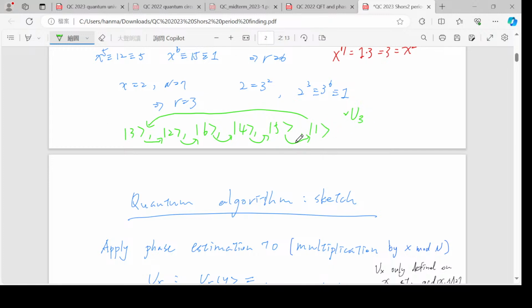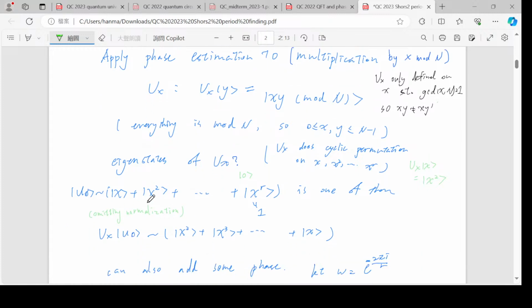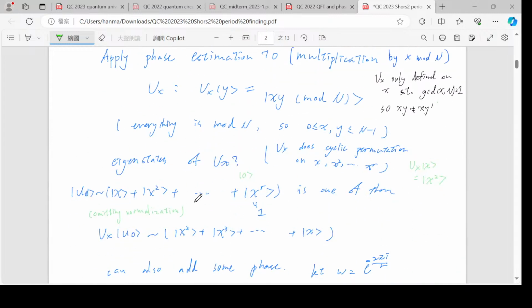But we can get an eigenstate out of the 6 of them altogether. So what about we just have all 6 things in equal superposition: 3 plus 2 plus 6 plus 4 plus 5 plus 1. Then when we apply u3, everything cyclically permutes, and we get back to the same state. So that's an idea to find one of the eigenvalues. So you have x1, x2, all the way to xr, with everything mod N.